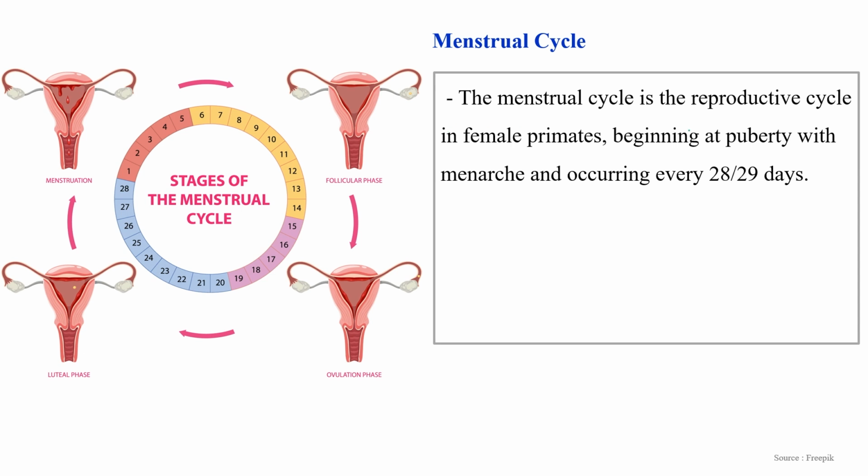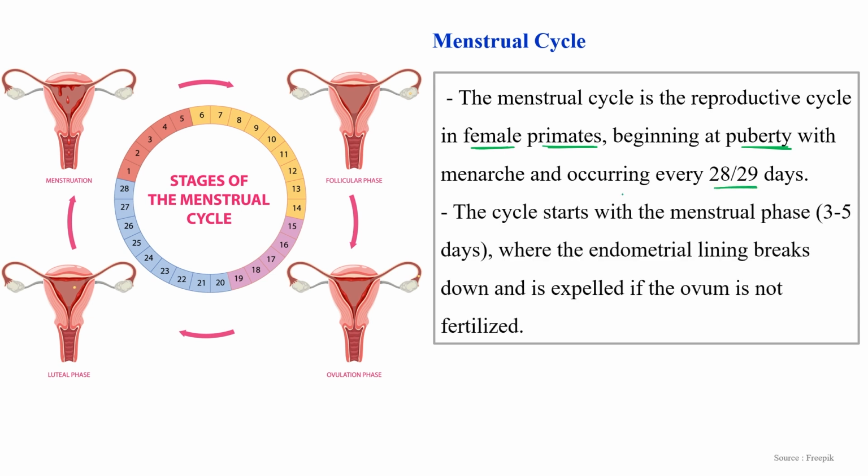The menstrual cycle is a reproductive cycle in female primates. It begins at the puberty stage with menarche and occurs every 28 to 29 days. The cycle starts with the menstruation phase, which lasts about 3 to 5 days.